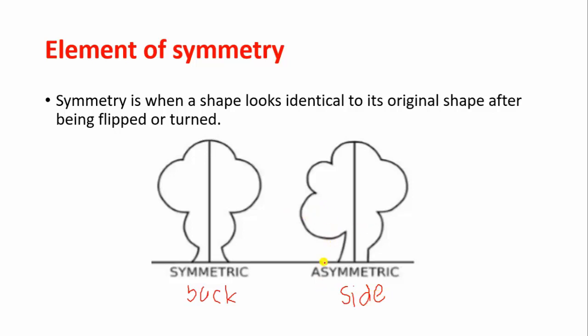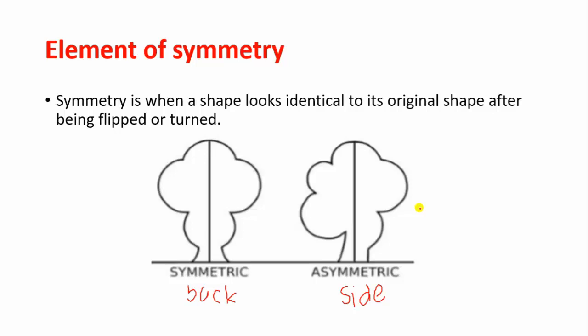In side view we can say it is asymmetric. If this object is turned to the side, it becomes asymmetric. We cannot decide symmetry at one point. We have to check after a flip or turn whether it is symmetric or not.